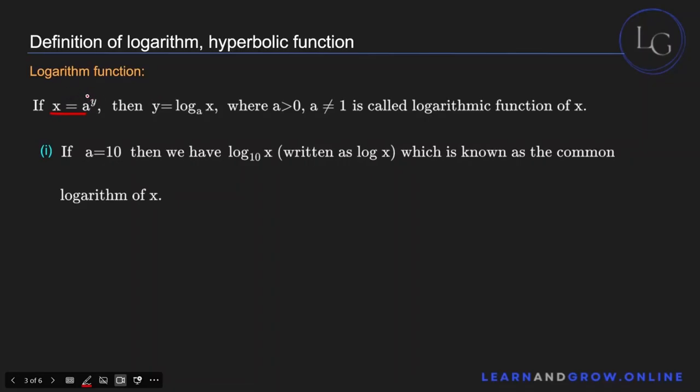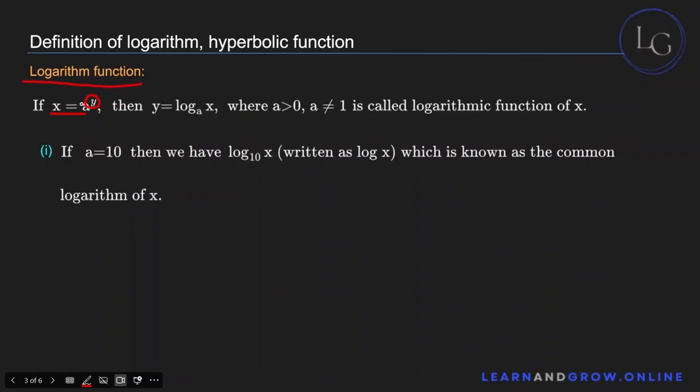Where y is the input and x is the output in this particular case. But the definition says that y is the output. So how will you write down y as the output, right? How will you write down y as the dependent variable here? So you need to think of some way, and that way is through a logarithmic function.